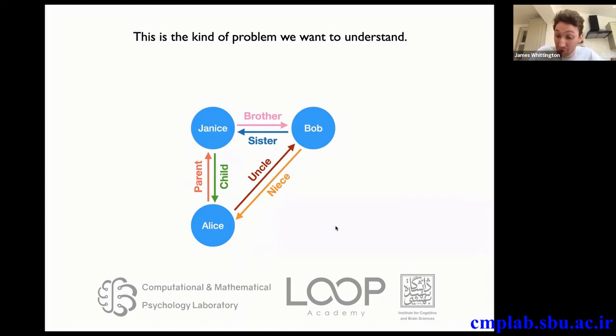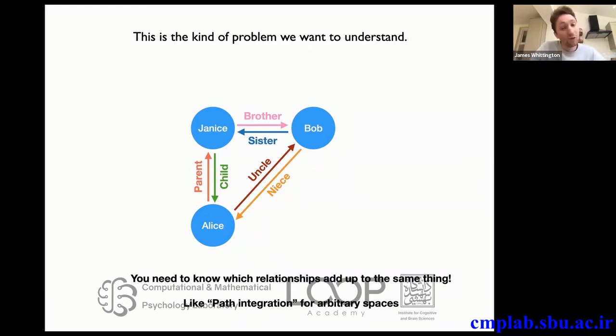And you're able to do that because you know what a family is, and you know how these relationships add up to mean the same thing. You know that parent plus brother is the same as uncle. It's almost like path integration, adding up actions, but for these arbitrary spaces. It doesn't just have to be about spatial space, 2D space.